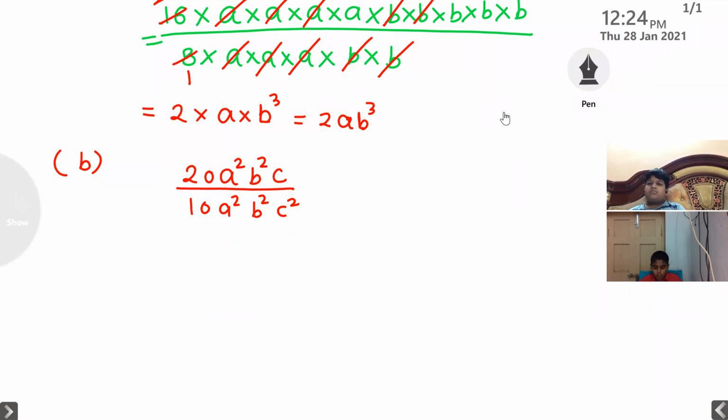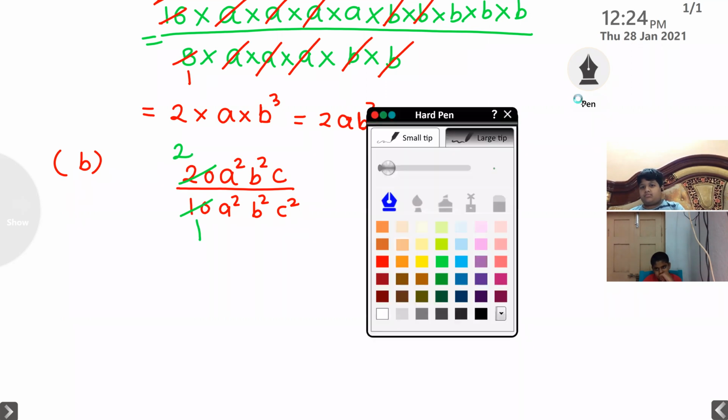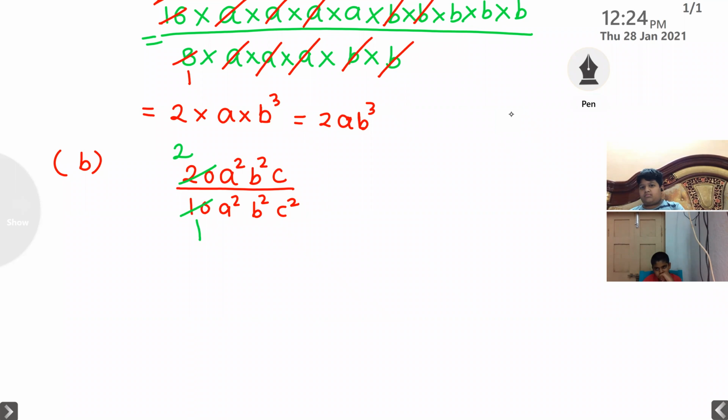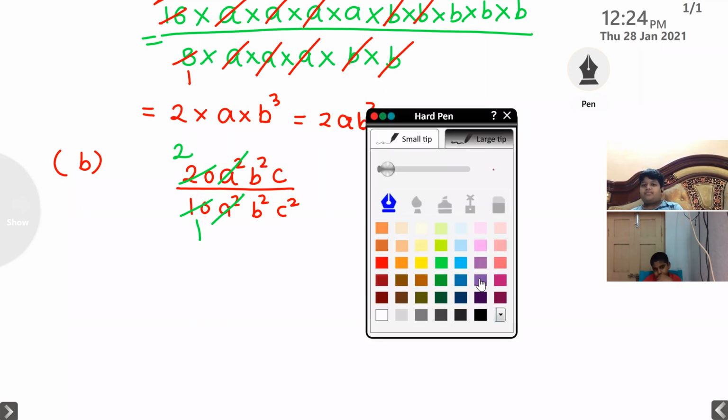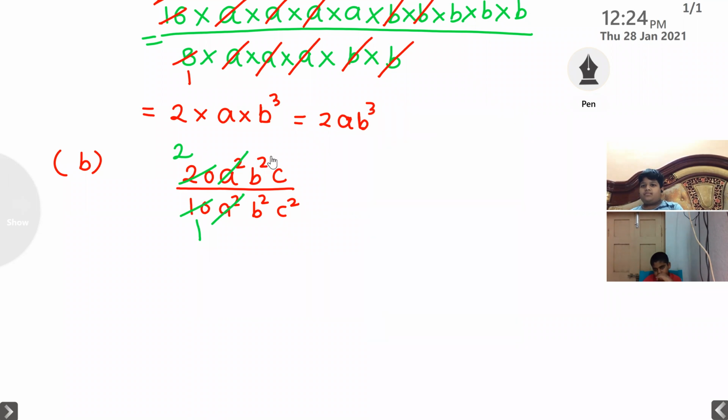Now, firstly, I have to cancel here constant term, 10 ones are 10, 10 twos are 20, right? Next expression, a square is there, a square we have to cancel. B square I have cancelled here, because b square is numerator, b square is denominator.